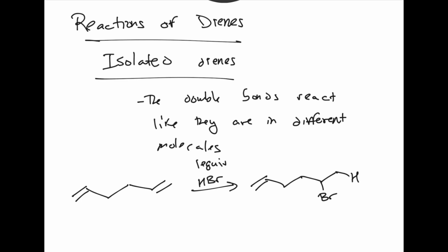Now the difficulty lies in when the double bonds aren't the same, right? So let's say we have our 1 equivalent of HBr. And now we have to know which one of these double bonds I'm going to react with.